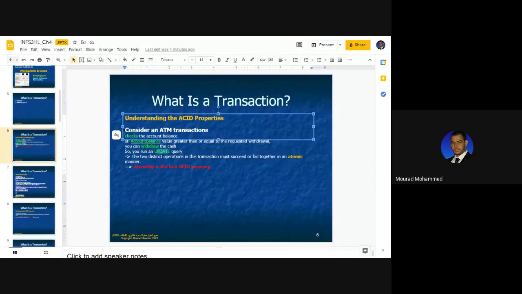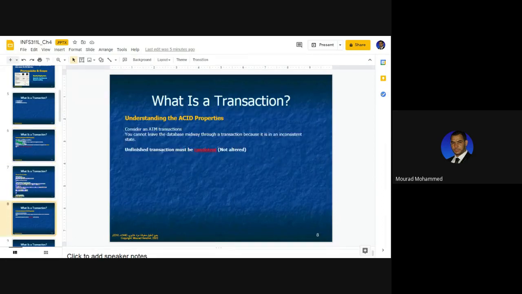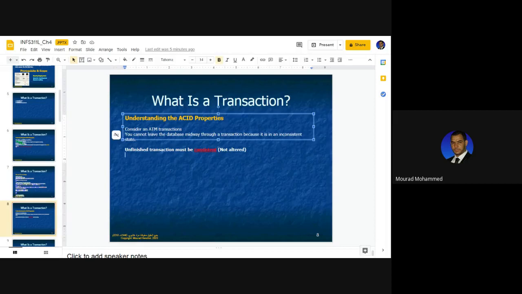If that happened, we preserved the consistency. It means the list of the queries has been executed without alteration, so the transaction is consistent.